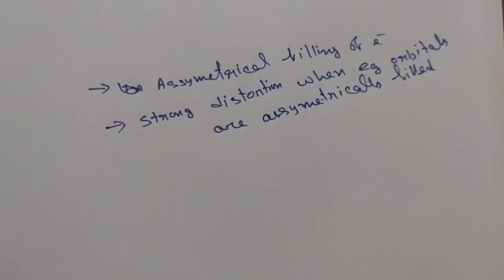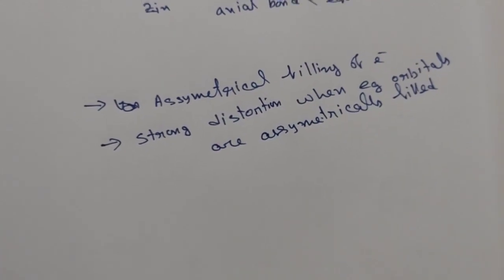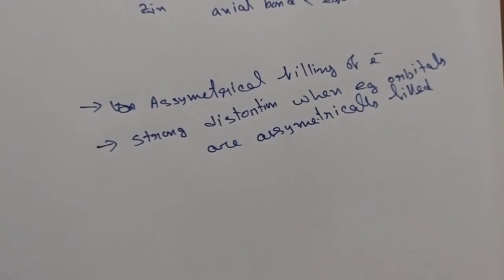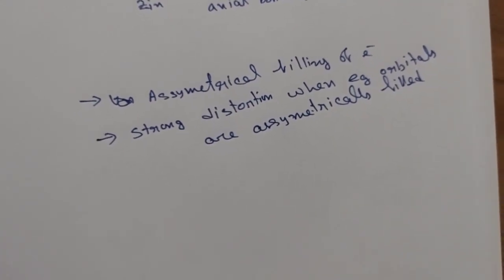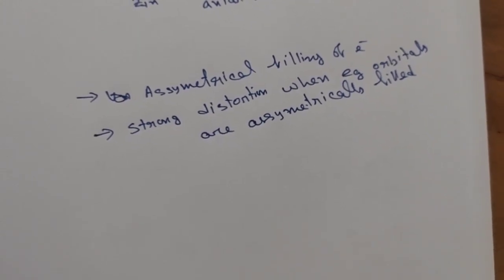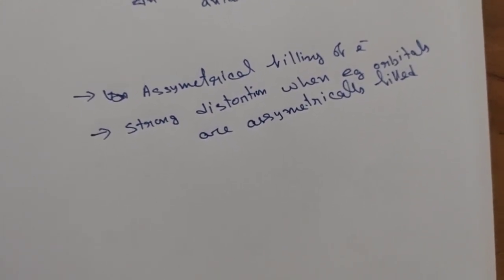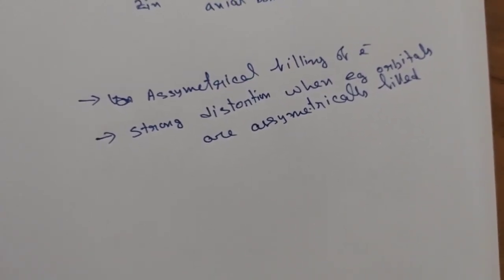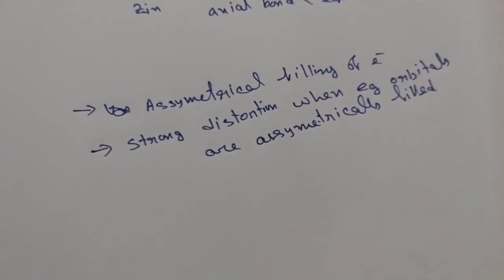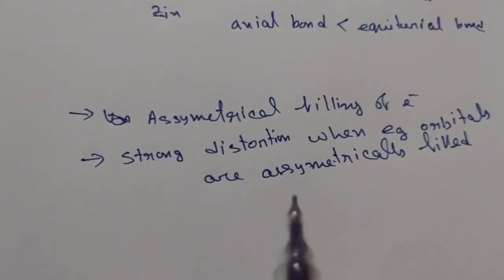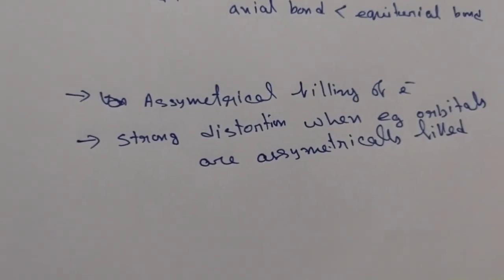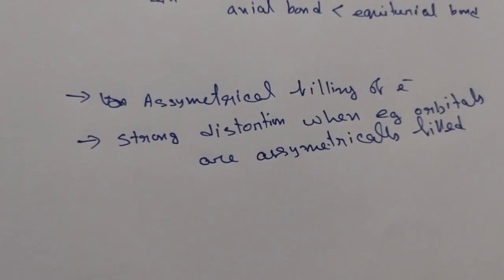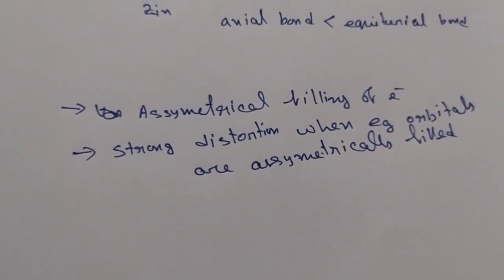As I told you, the position of the Eg orbitals is directly along the axes of the ligands, so the impact will be higher. So basically that's all for Jahn Teller distortion. Thank you for watching.